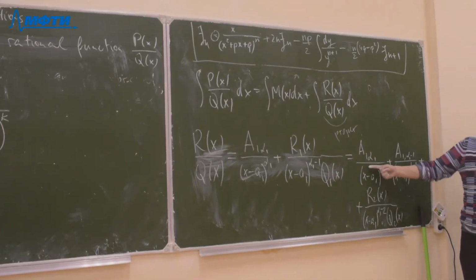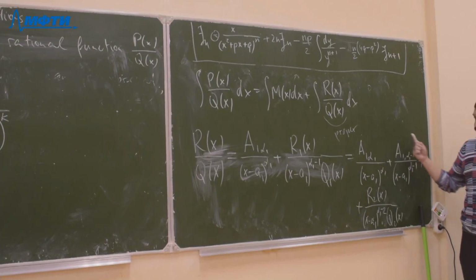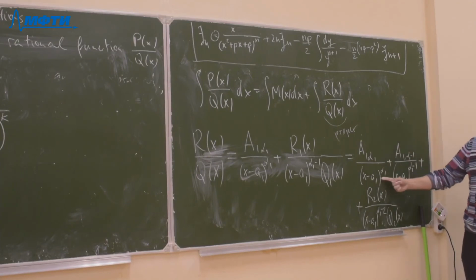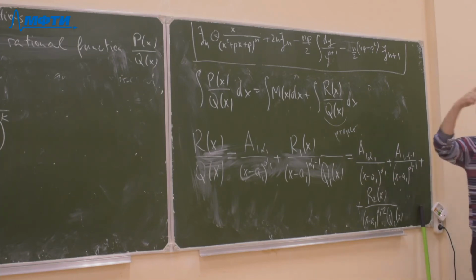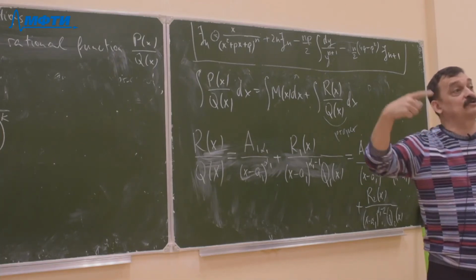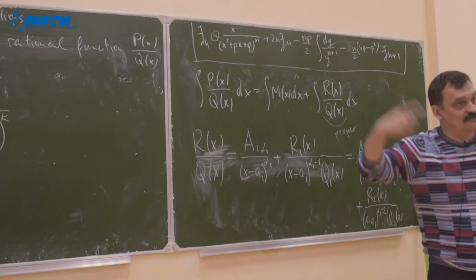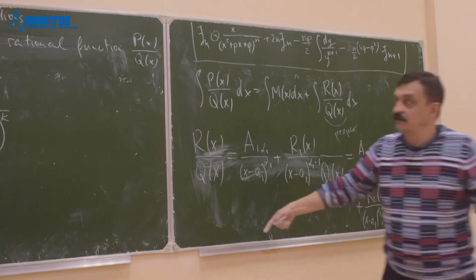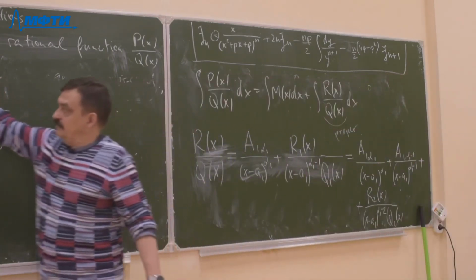So, firstly, we consider in such a way all terms with x minus a1, right? After that, we'll start to consider all terms with x minus a2, and so on, so on, so on. Finally, we'll get such an expression.